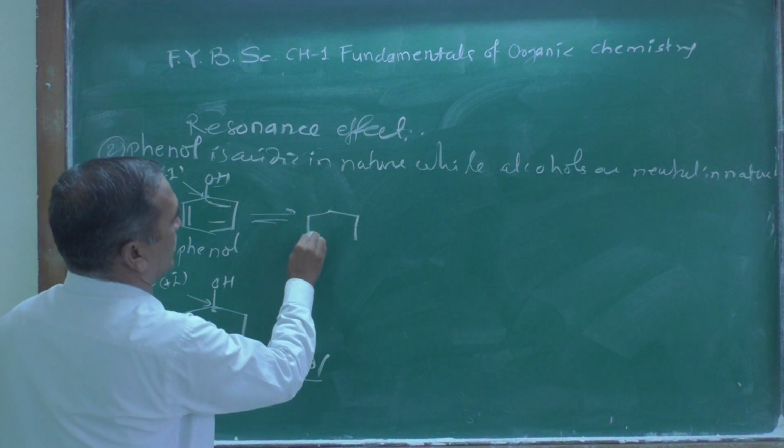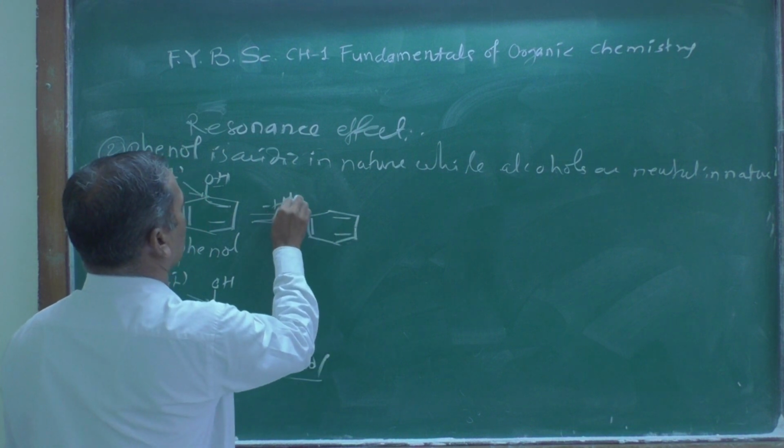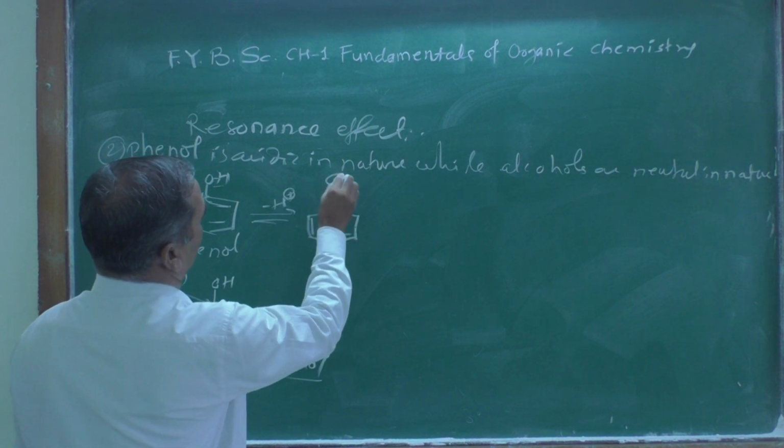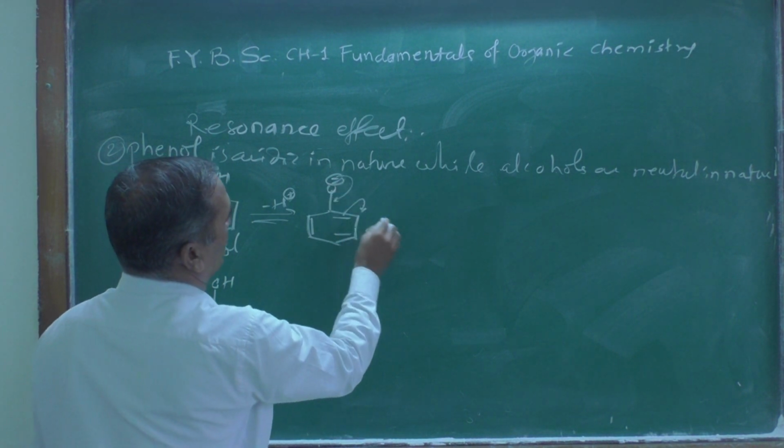First, you draw the resonating structures of the phenoxide ion, which we have already seen. After dissociation, minus H plus, we get a minus charge over there, and this is well stabilized due to resonance.